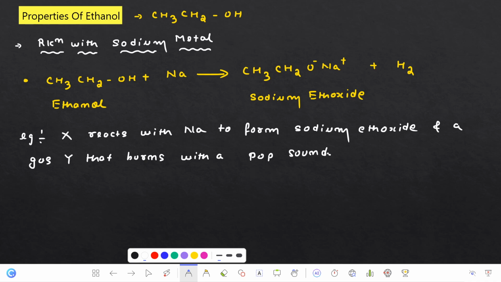Okay, X reacts with sodium metal to form sodium ethoxide and a gas Y that burns with a pop sound. So you have to identify X and Y.